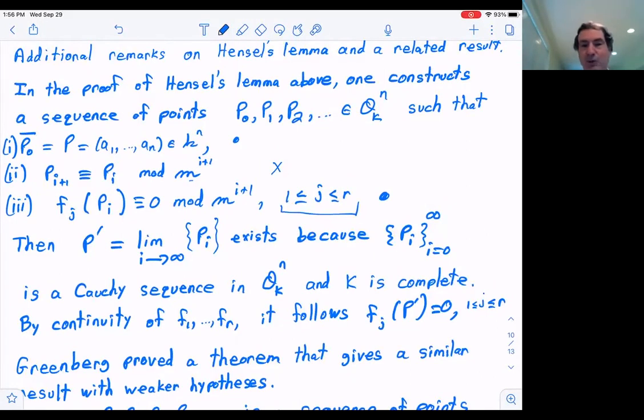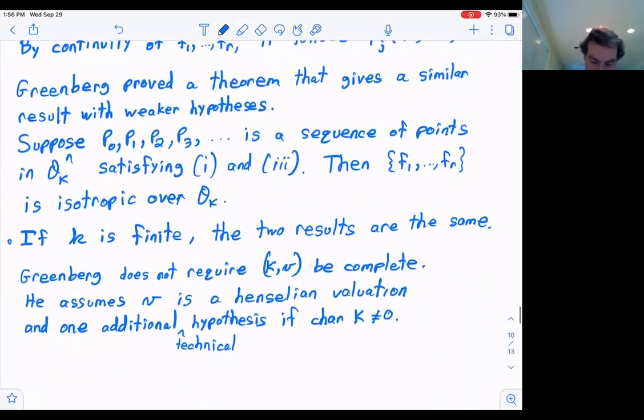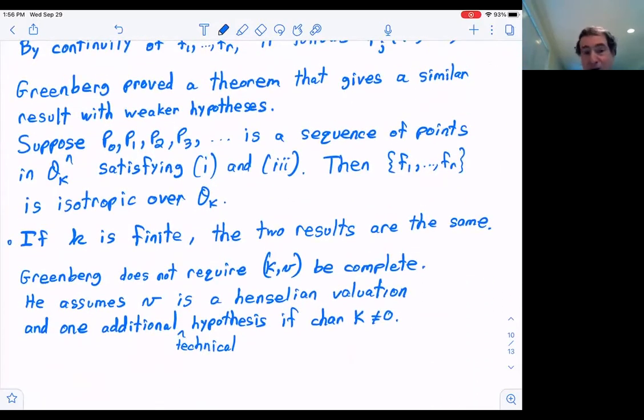But this argument does not work if the residue field is not finite. Furthermore, Greenberg does not require that the valuation be complete. He only assumes that you have a Henselian valuation, which I will not go into, and one additional technical hypothesis that I'm not going into, if the characteristic of K doesn't equal 0.